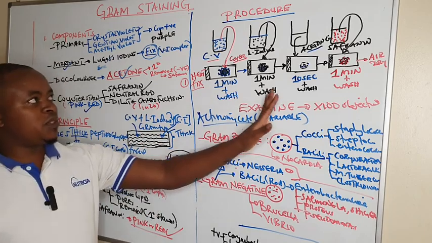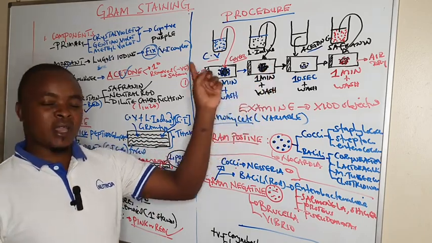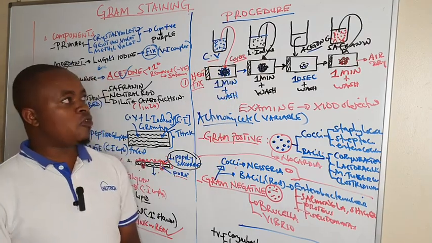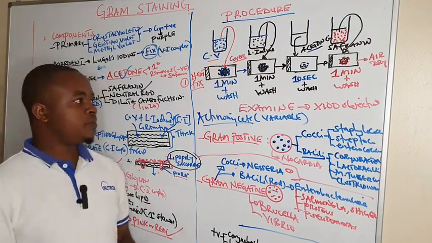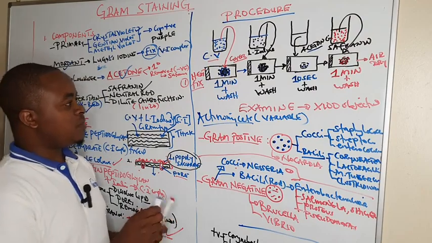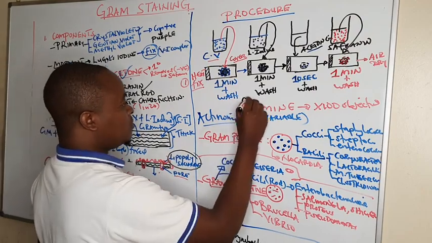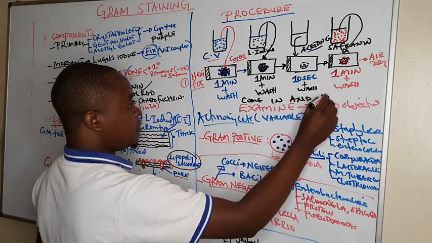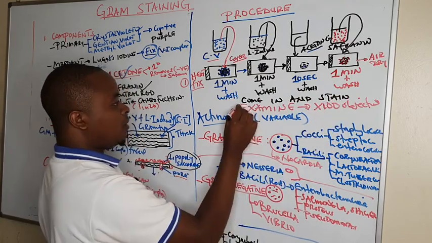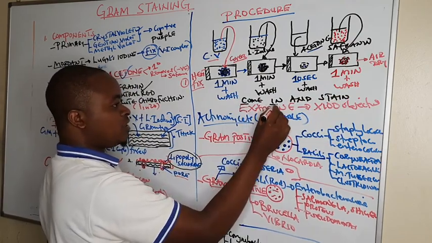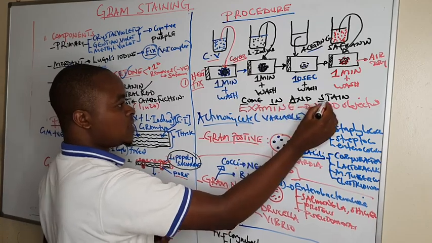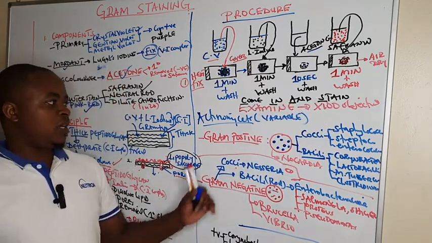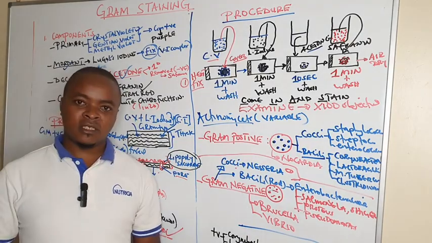We have looked at the procedure, whereby we can use the mnemonic "come in and stain", where come is crystal violet, in is iodine, and then acetone, and safranin. Then we have looked at different examples.